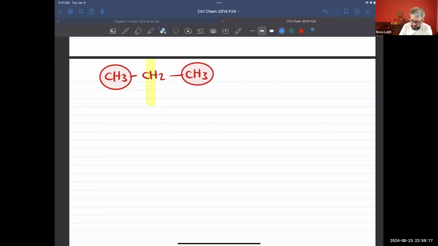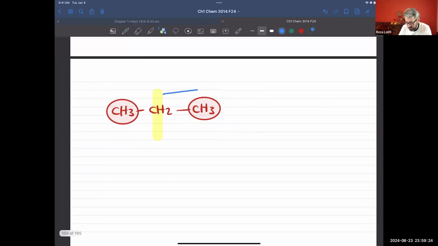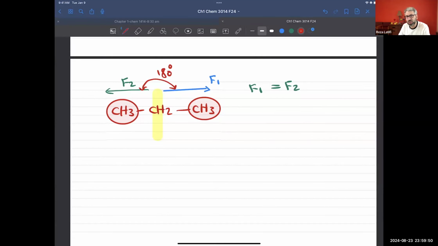Now, you can say the one on the right will pull to each side. So let's say we have a force here going in this direction, and we're going to call it F1. We have an equal force in the opposite direction, and we're going to call that one F2. F1 is equal to F2. Because they are 180 degrees from each other, they will cancel each other.